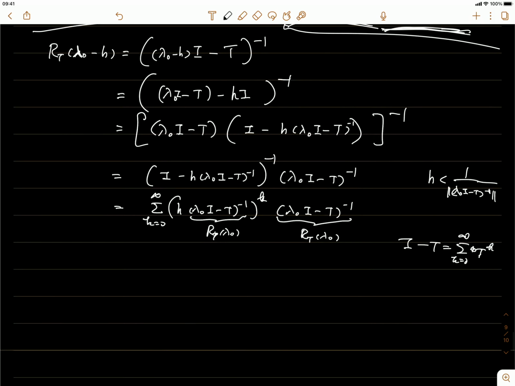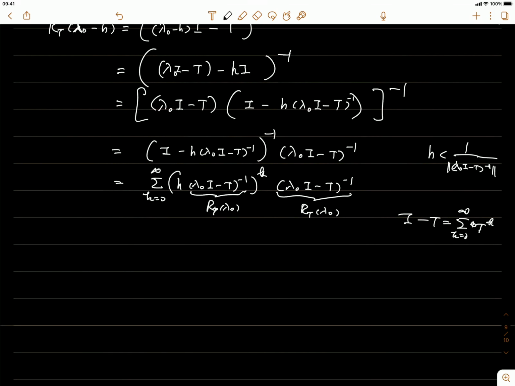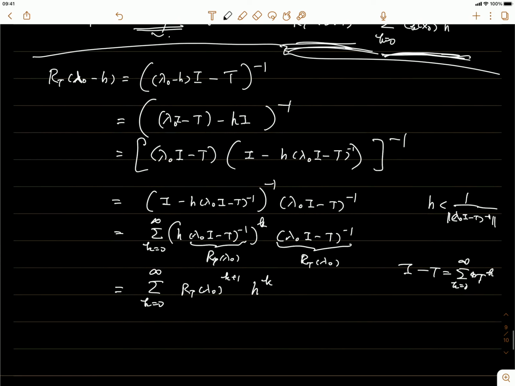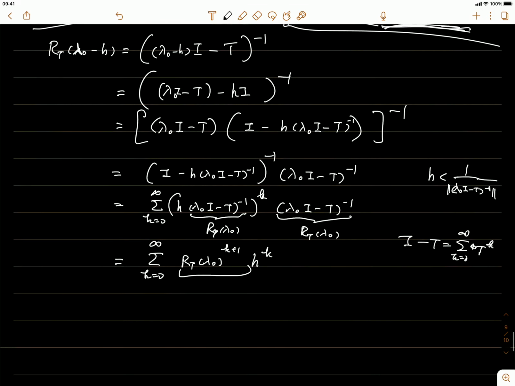And h is just some constant scalar floating around, so it's a sum from 0 to infinity. You can see the resolvent is taken to the power k plus 1, and then we have h to the power k. So that's indeed a power series, and we know that this is convergent.